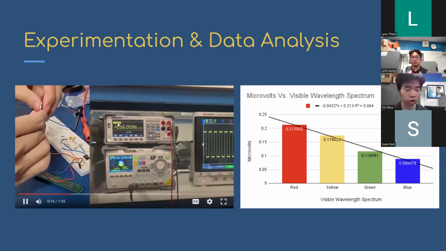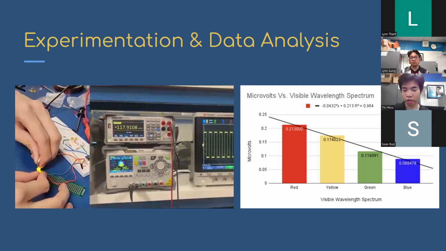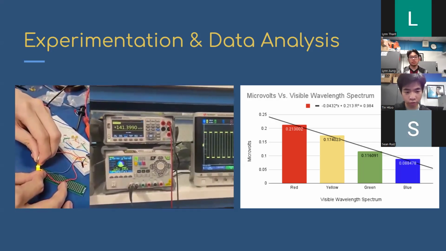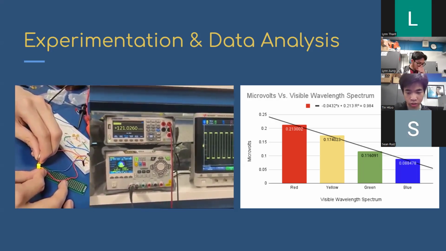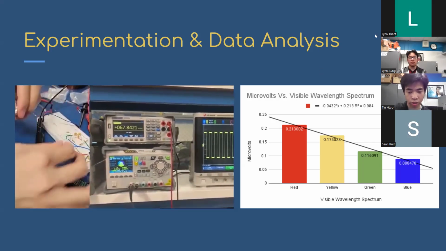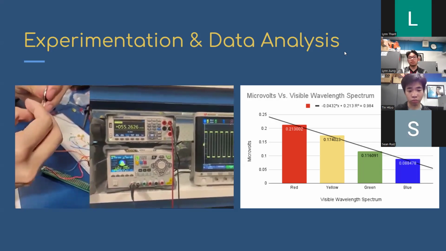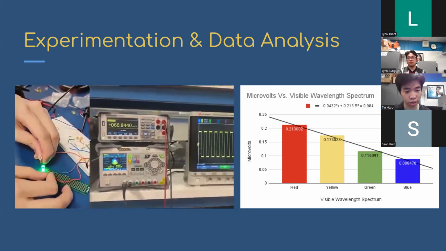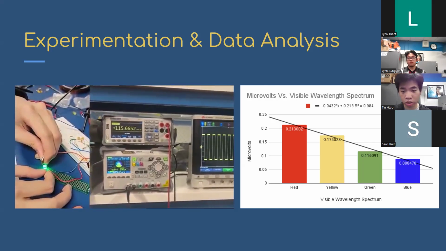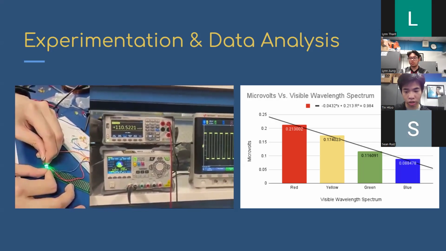This is the video of the experiment that we're currently showing you. It's the yellow LED, and the voltage is around 140 millivolts, which is around the yellow here, 0.1740. That's about 174 millivolts. And we're now doing the green one, which is about 115. If you see on the graph, it's around 116.